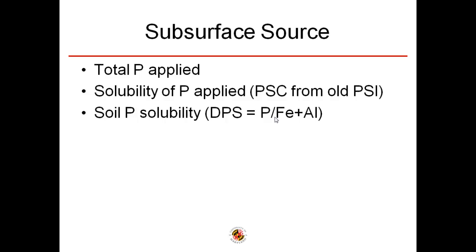Remember how I said soil is a glass, and you can fill it up and then it overflows with phosphorus? The size of that glass is determined by how much iron and aluminum you have in the soil. Okay? So, the more iron and aluminum you have, the more phosphorus your soil can hold. So we now use the DPS, which is basically phosphorus divided by iron plus aluminum. There are 2 labs now that currently report this on their soil test report, stock and trade, they just do.